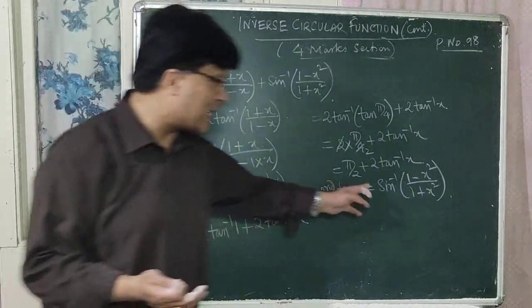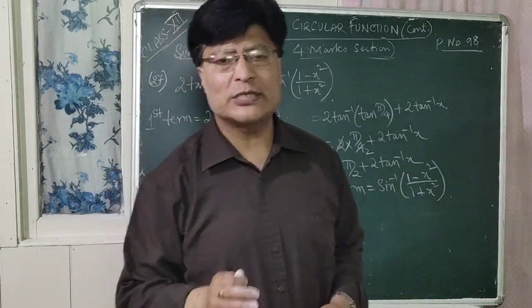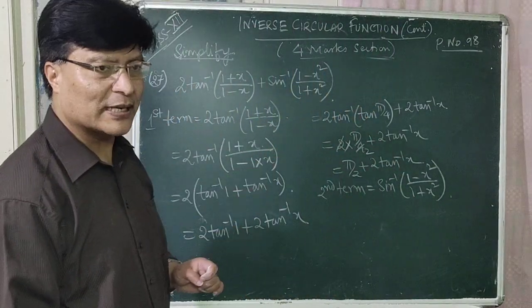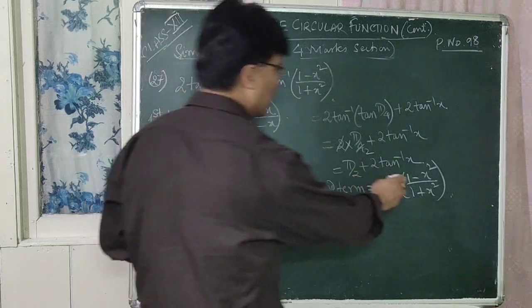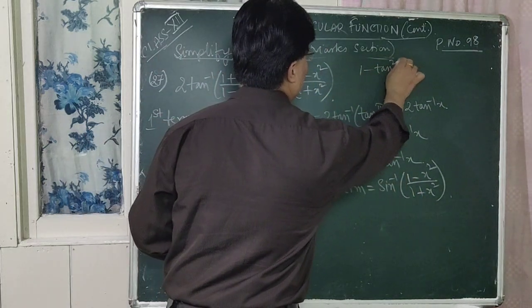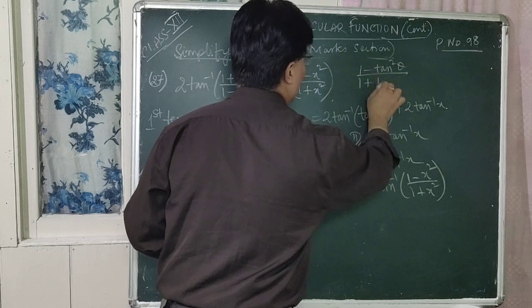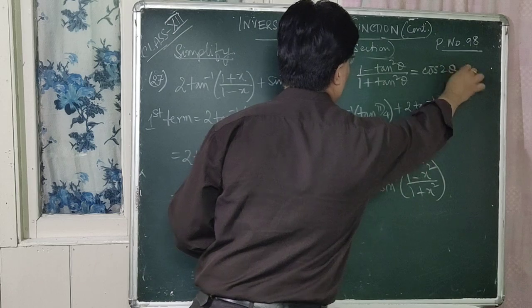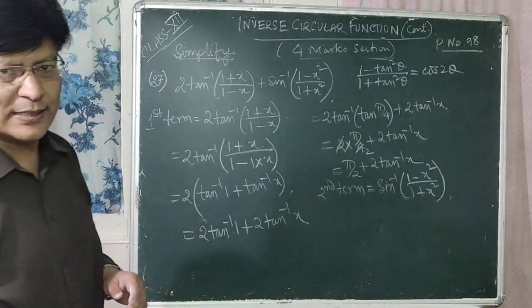But since it is sine inverse, this cos 2 theta can be changed into sine, right? So let us put here x is equal to tan theta, because you know the formula. If you put x is equal to tan theta here, you will get (1 minus tan square theta) upon (1 plus tan square theta) is equal to, what is this formula? It is cos 2 theta, right?